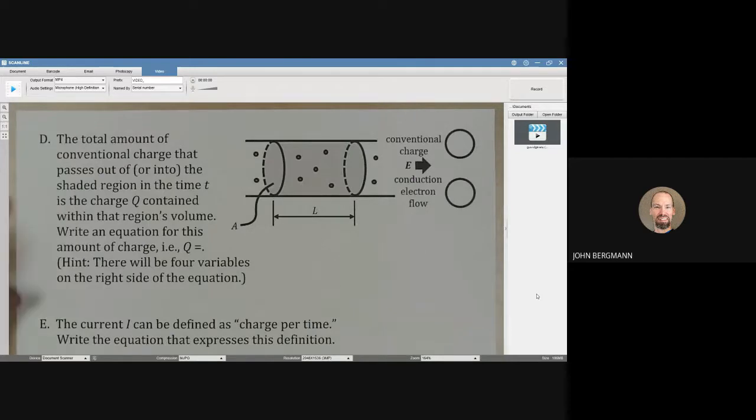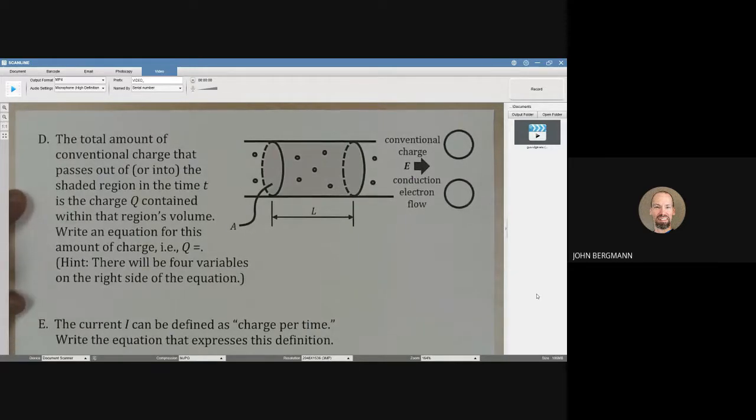The total amount of conventional charge that passes out of or into the shaded region in the time t is the charge q that's contained within that region's volume. Write an equation for this amount of charge. In other words, what is q equal to?